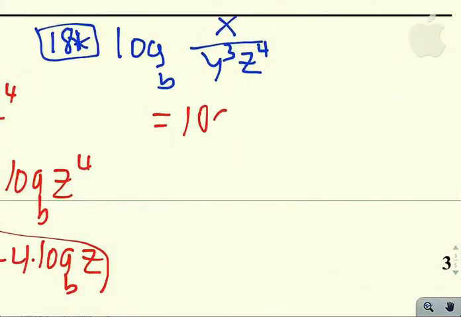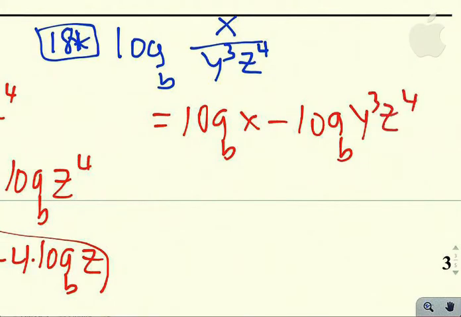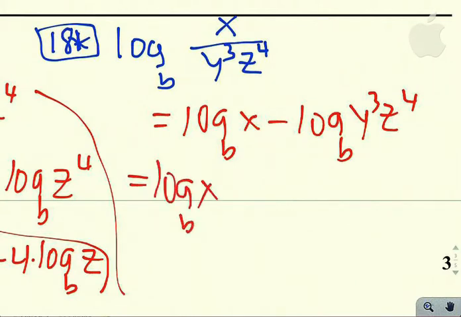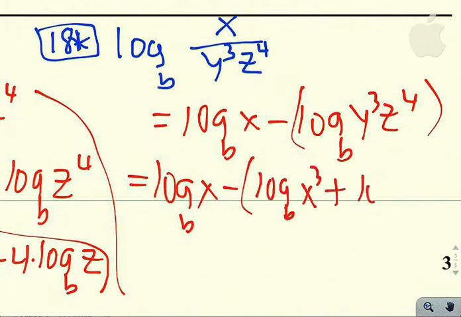This would be log to the base b of x minus log to the base b of y cubed z to the fourth, would be log to the base b of x minus, well, let's think of this separately. That would be log to the base b of y cubed plus log to the base b of z to the fourth.